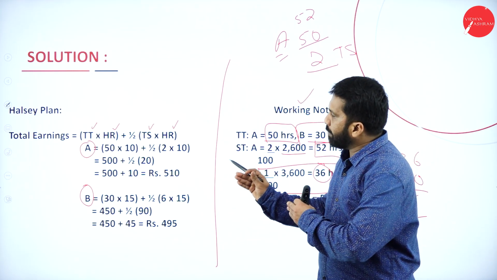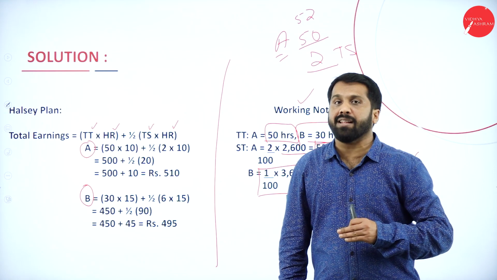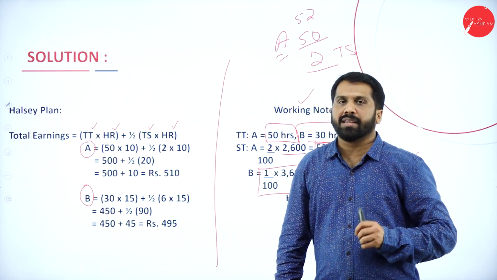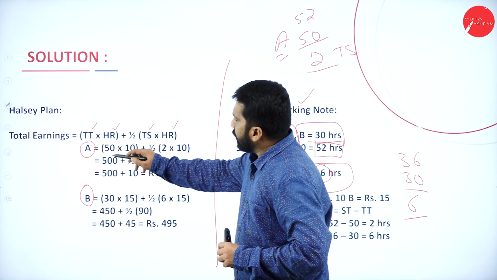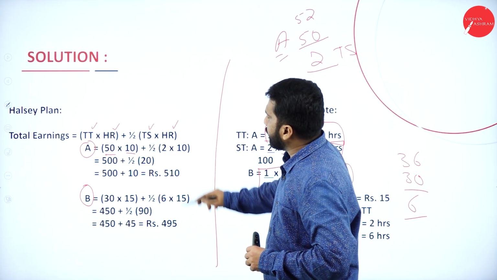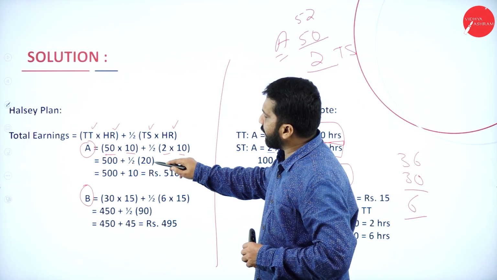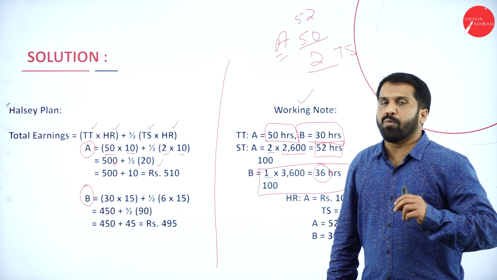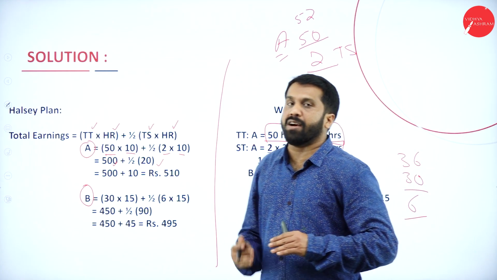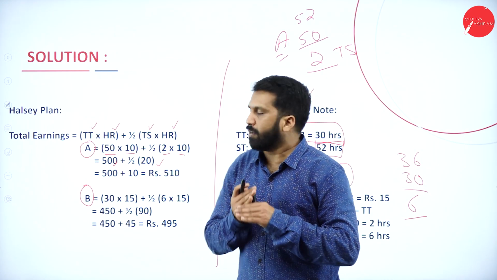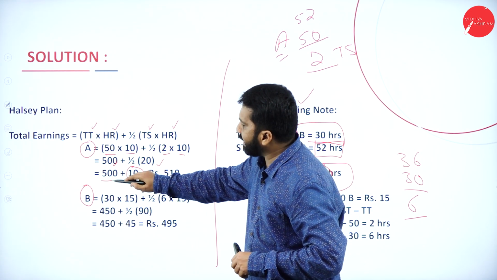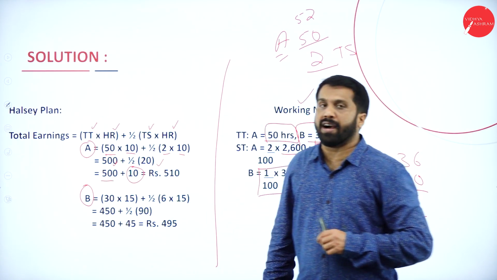Remember, the time saved into hourly rate should be calculated at half. Now, 50 multiplied by 10 is 500. 2 multiplied by 10 is 20, and we take only half of it, which is 10.